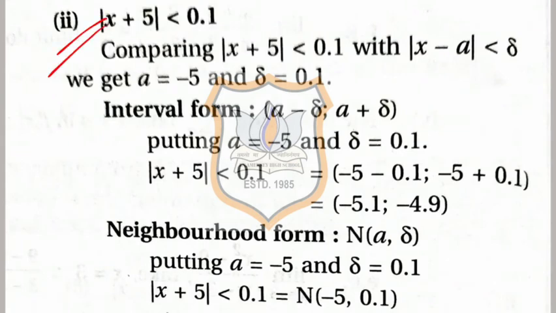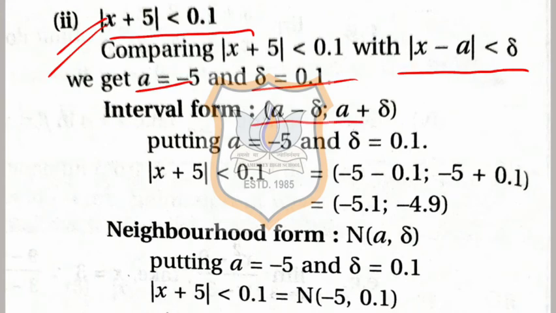Let's solve the second part. Modulus of x plus 5 is less than 0.1. Now if we compare with mod of x minus a is less than delta, what will you have? A is equal to minus 5 and delta is equal to 0.1. Let's substitute in the form A minus delta to A plus delta.